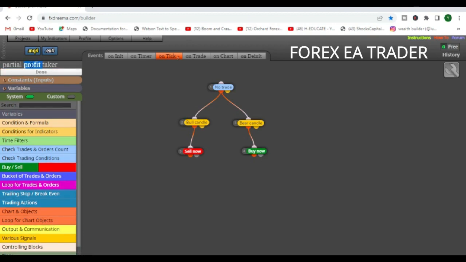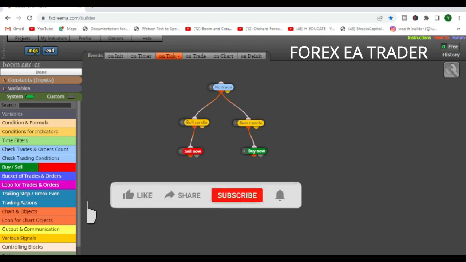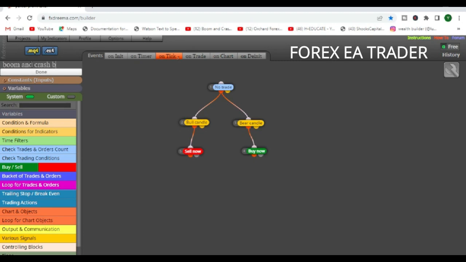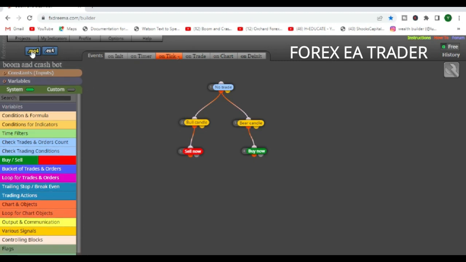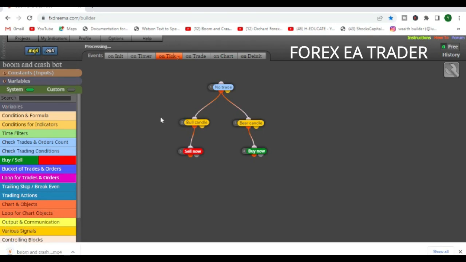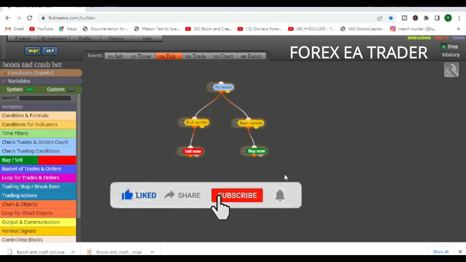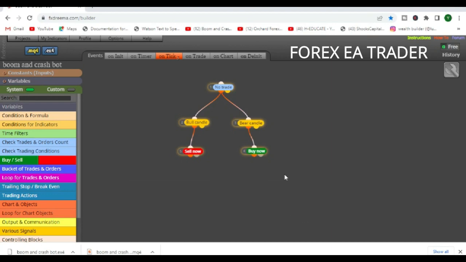Then here you can just come and say Boom and Crash bot, and done. And you come here and you download your source code and your executable file. I'm not saying this strategy I just demonstrated is going to make you money.